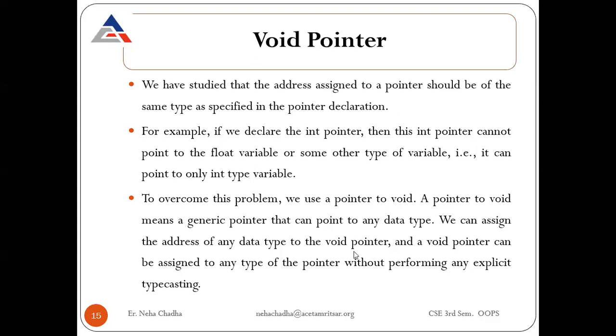It said we can assign the address of any data type to the void pointer, and a void pointer can be assigned to any type of pointer without performing any explicit typecasting. There is no explicit typecasting there. There is implicit typecasting. This concept is called implicit typecasting.